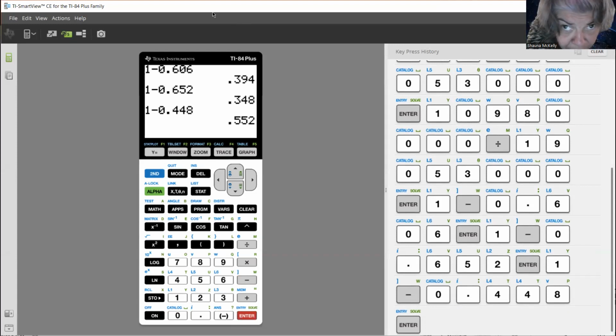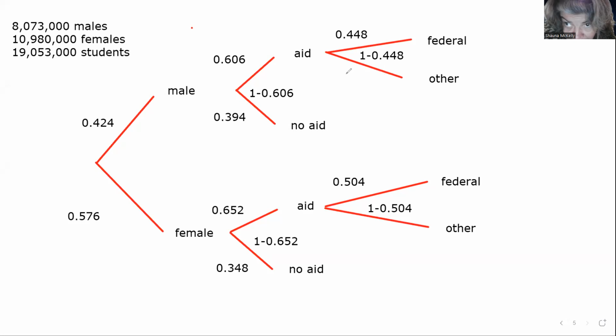So that is this number here. This is 0.552.